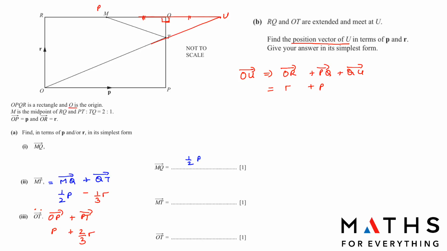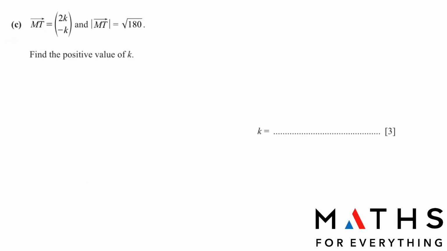MQ is half P. Then QU is also going to be half P. When we add the P together, 1P plus half P will get 3/2 P. That's the answer.